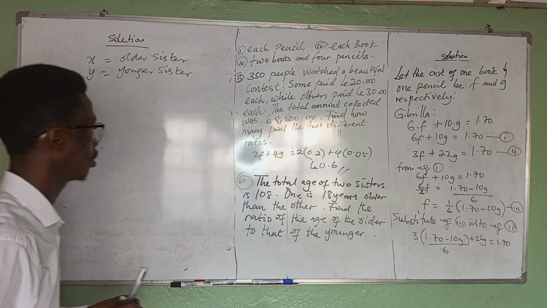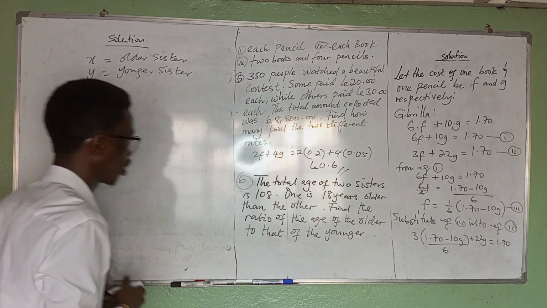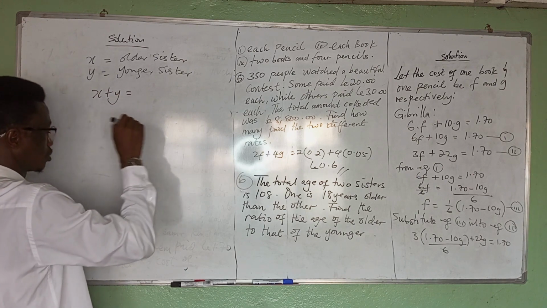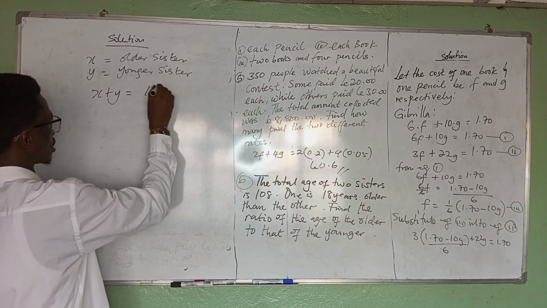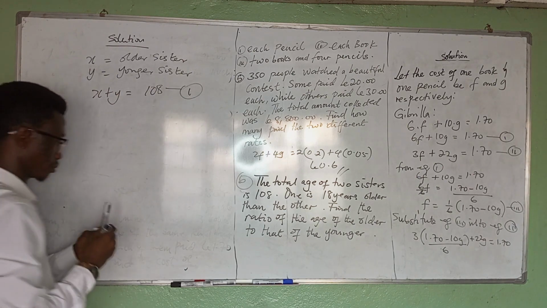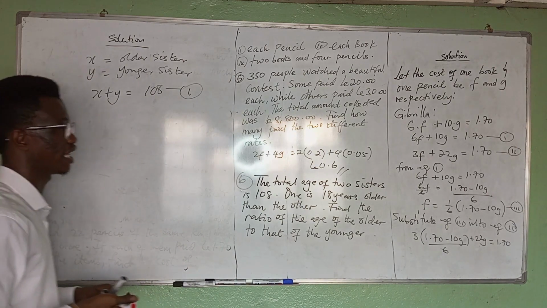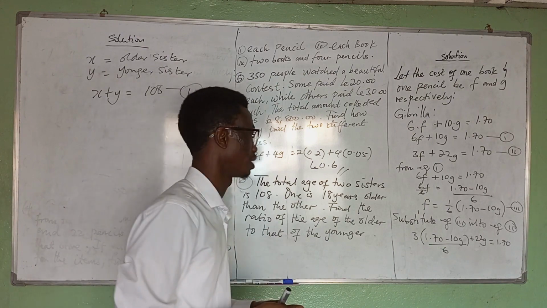So the total ages of the two sisters, that's x plus y, equals 108. That's equation 1. The second part of the question says one is 18 years older than the other.